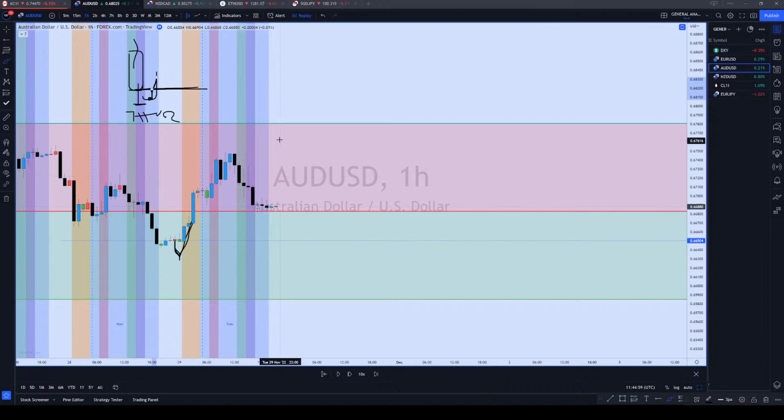Reason why I was bullish on Aussie yesterday, because this will essentially be the low of the day, and price will go up to make up the high of the day. And again, like I said, if it takes out this low, that will be a raid on the previous day's low. So if it closes up above the closing price, you have a very wicked trade to unfold.